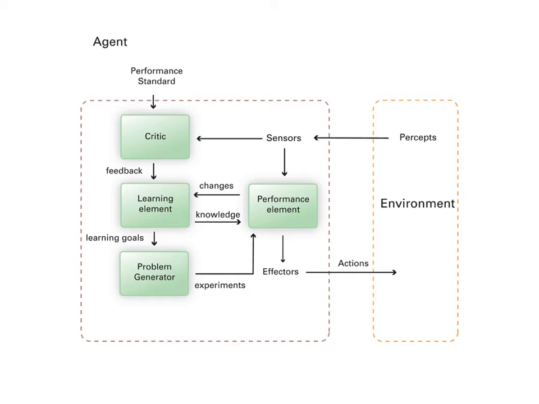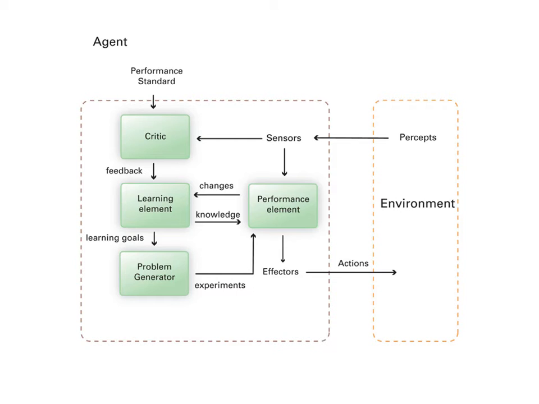So that little loop aside, we also need the ability to learn. So other information we take in from the world, not just things relevant to our task, but things relevant to our past behaviors, those get passed to the critic. The critic compares it to the performance standard, and then the critic will give feedback to the learning element.